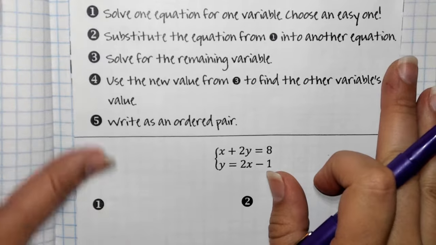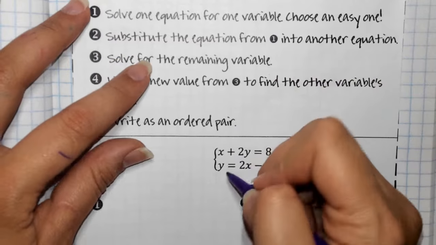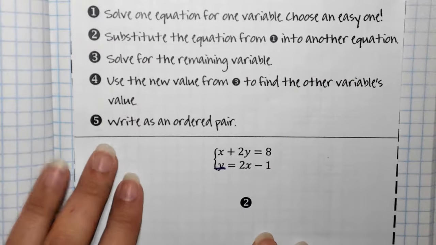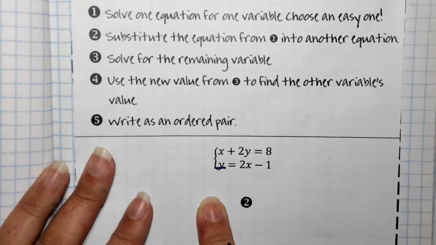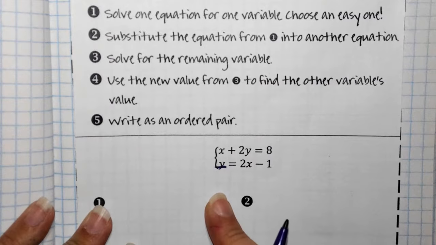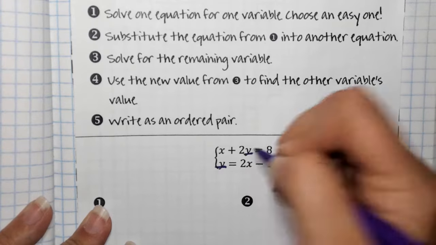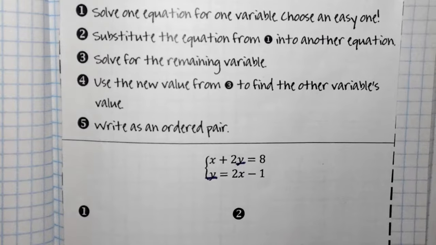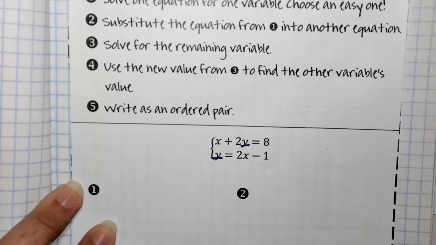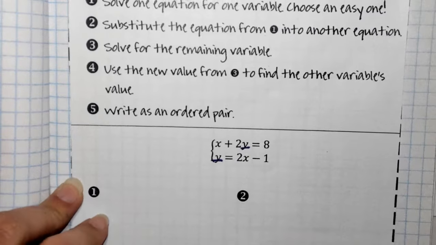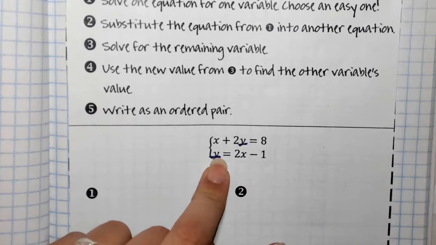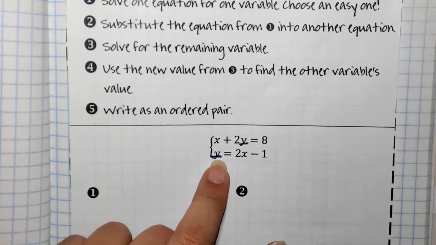Thank you. Alright, so what I want you to do with your first color is I want you to underline the Y in the bottom equation. That one's by itself. And then I want you to underline the Y in the top equation. Now, we're trying to look for the variable that's by itself, and this time it happens to be Y. Does everybody understand?